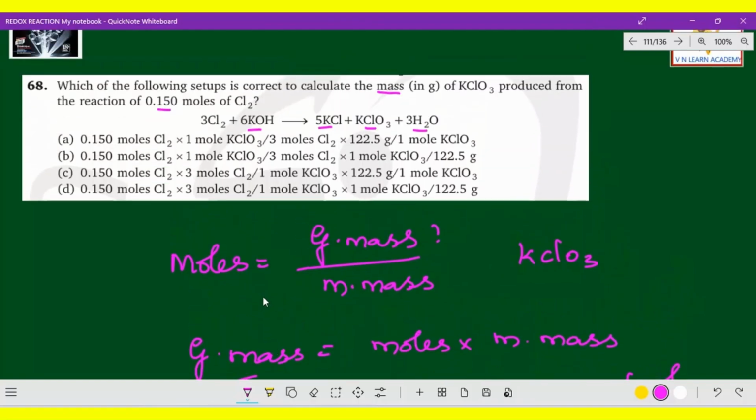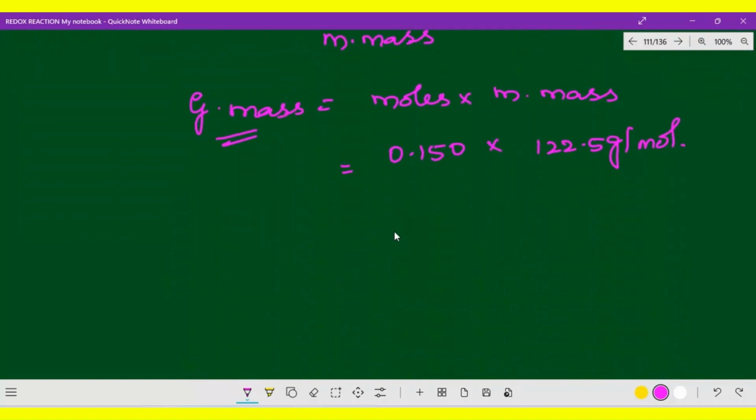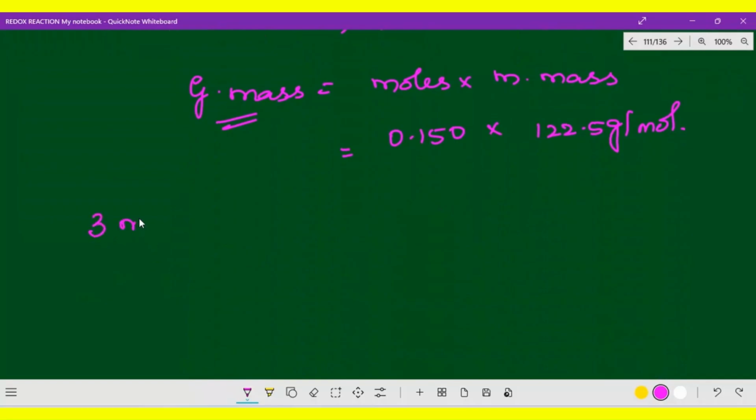This is very simple. Now how to identify? Here 3 moles of chlorine can produce 1 mole of potassium chlorate. Okay, now I just bring it here. 3 moles of chlorine can produce 1 mole of potassium chlorate.